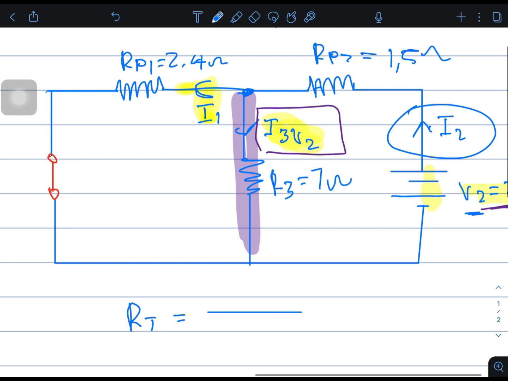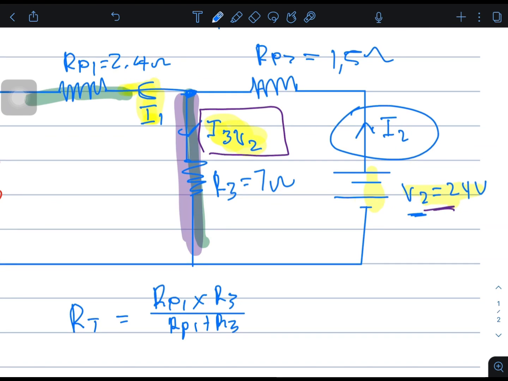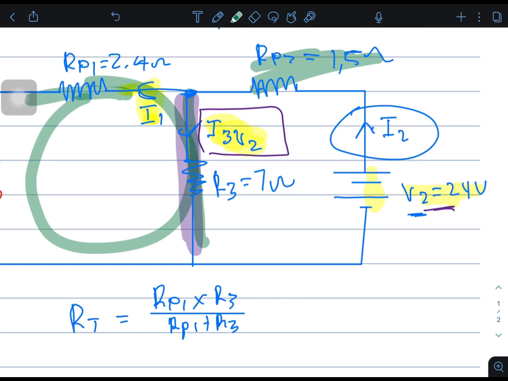We see that this one and this one are in parallel. Let's write it down: R parallel 1 equals R1 times R3 over R1 plus R3. Then this whole combination is in series with this resistor, plus R parallel 2.